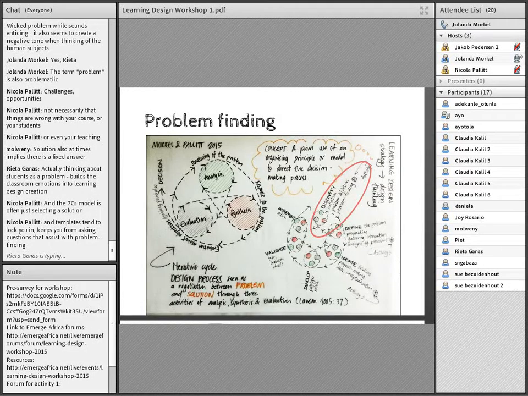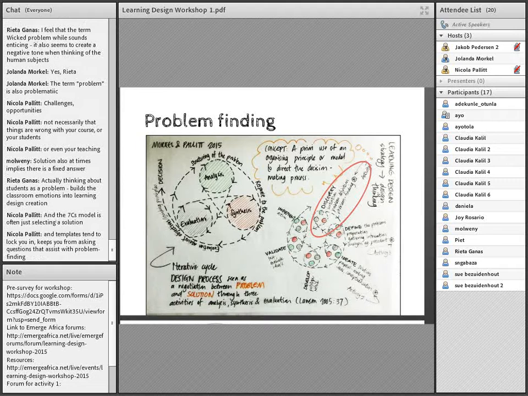So just to get back to our graphic, what we're going to start with is in this red oval shape, discovering the problem, but considering the fact that we need to keep going back to learning more and more about the problem as we work towards the solution. So we may start with a problem, but we need to constantly refer back to it.